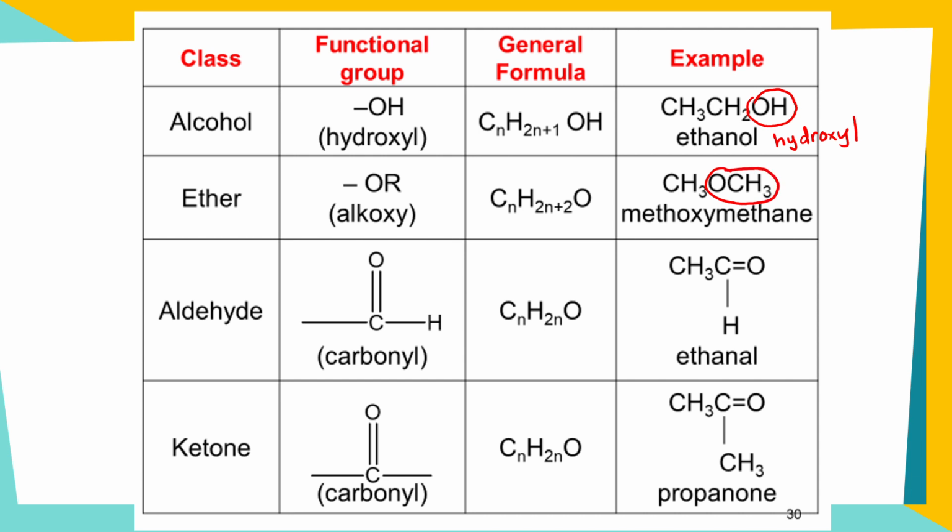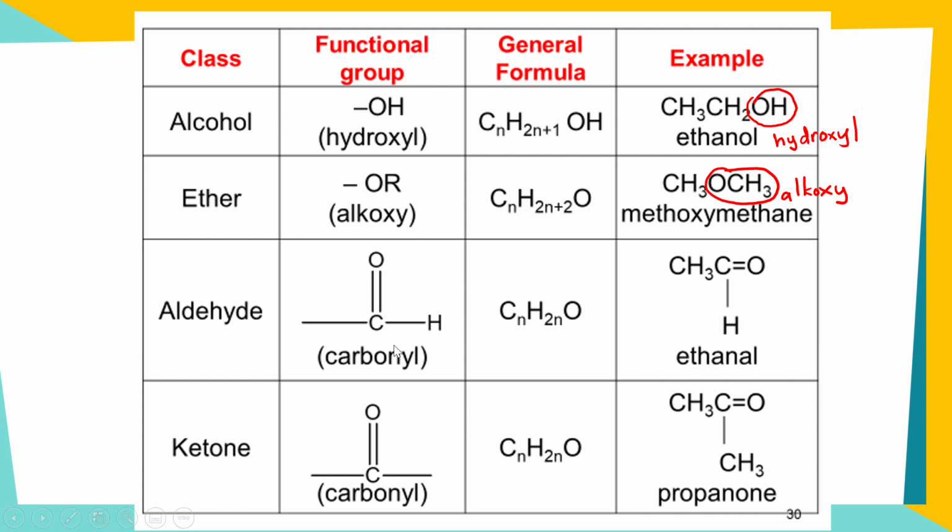The class of compound is ether, but the functional group we call alkoxy. So the difference between alcohol and ether is whether O is bonded to H or O is bonded to R. R represents any carbon atom.